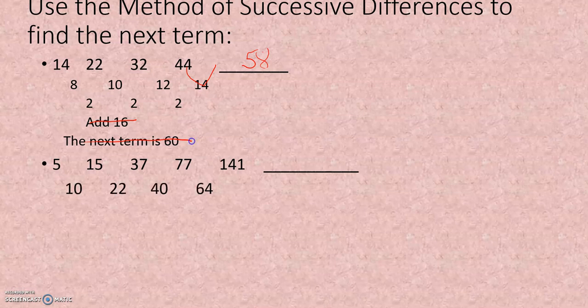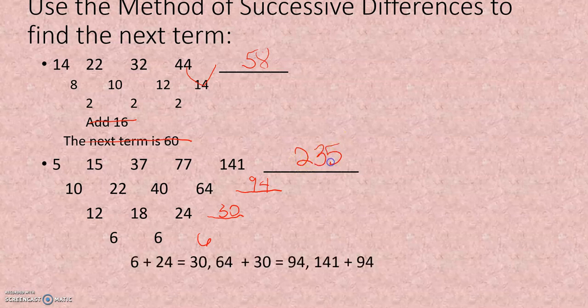Look at the differences. 10, 22, 40, 64. 12, 18, 24. 6, 6, add another 6, and then we find our difference is 30. 64 plus 30 is 94. 141 plus 94 is 235. The next term is 235.